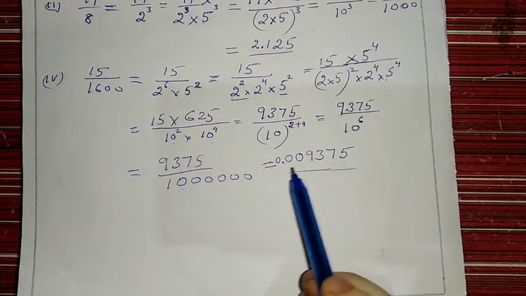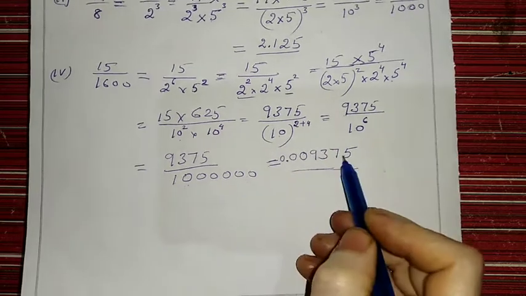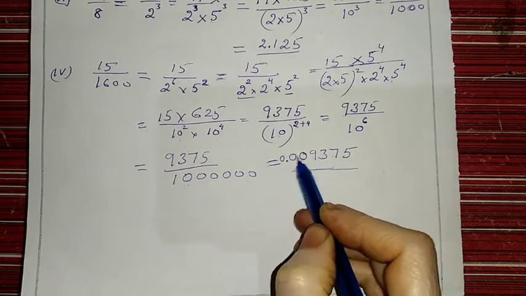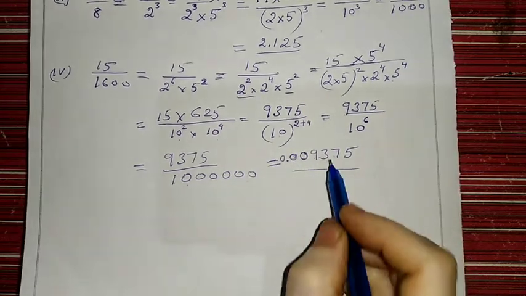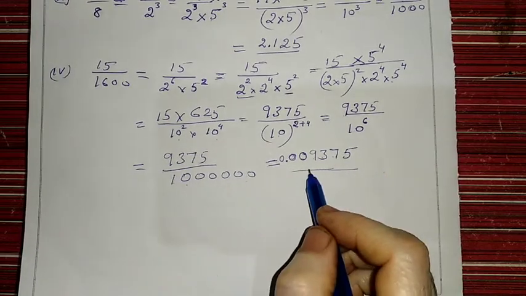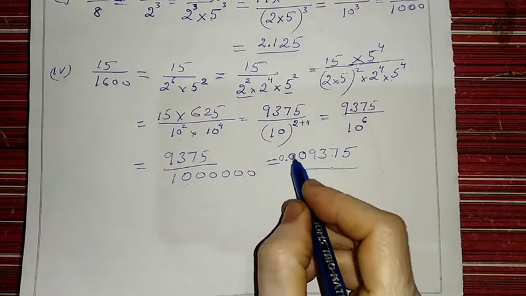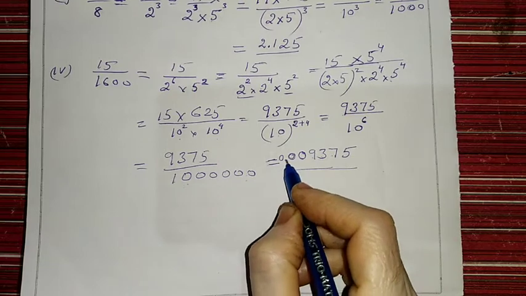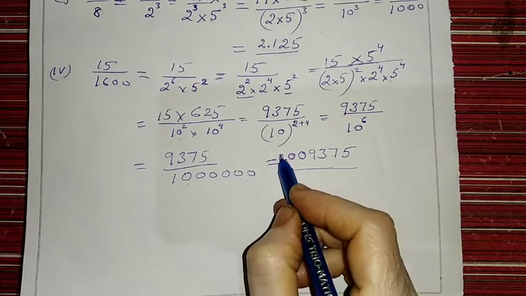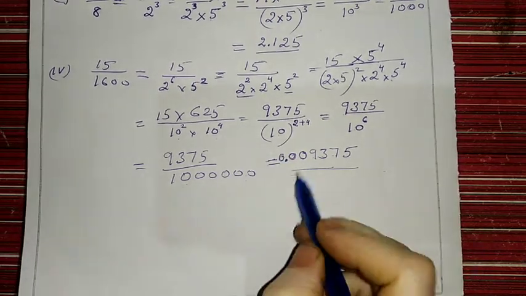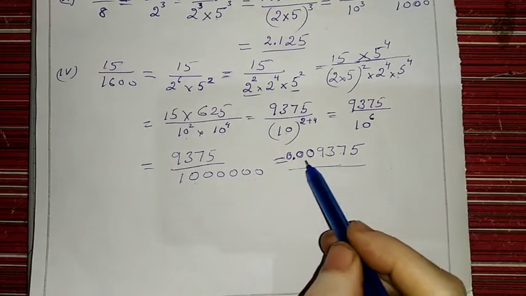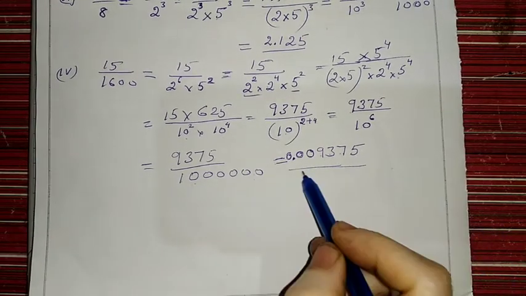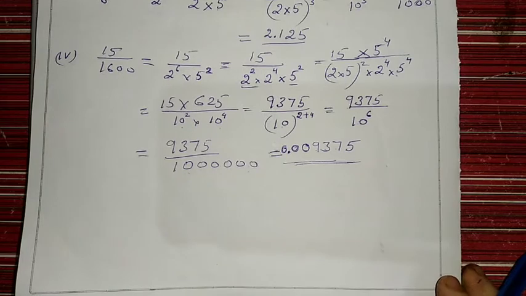Only 4 digits are given, so we have to make 6 digits: 1, 2, 3, 4, 5, 6. Put 0, because if you put 0 on the left side, its value will not change. So after 6 digits, put the decimal, and before the decimal put 0. So this is 0.009375, the decimal expansion.